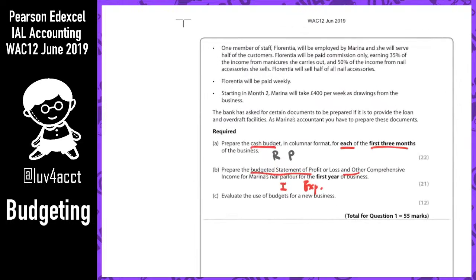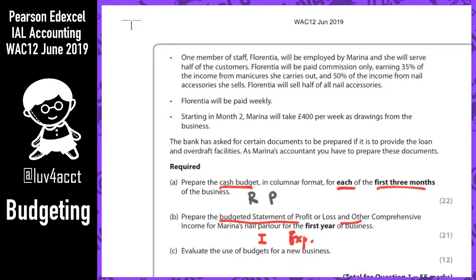Okay, so we still have 3 more items. Okay, you have one member of staff for rent share, who will be employed by Marina, and she will serve half of your customers. Florencia will be paid commission only, earning 35% of the income from manicures and 50% of the income from nail accessories she sells.